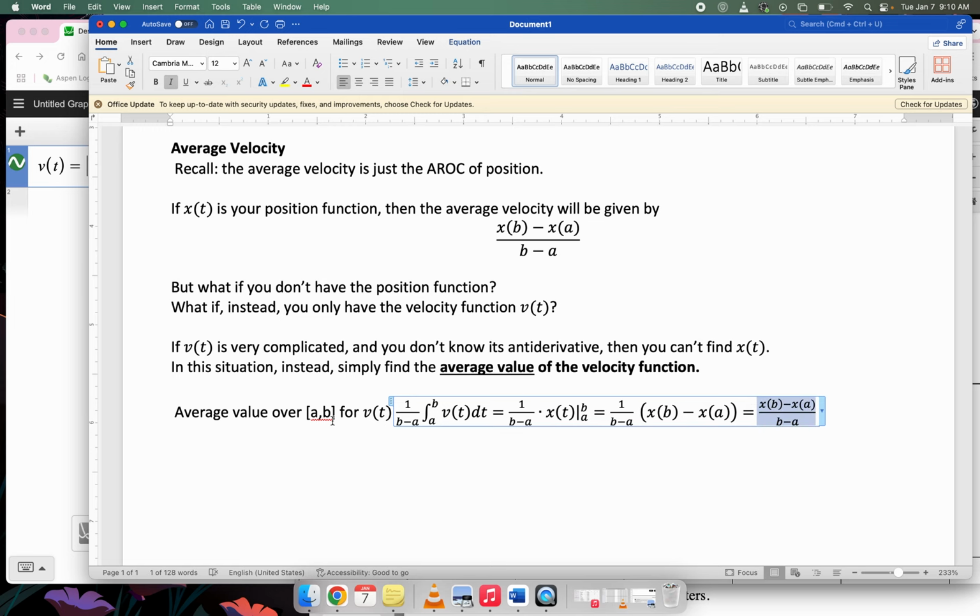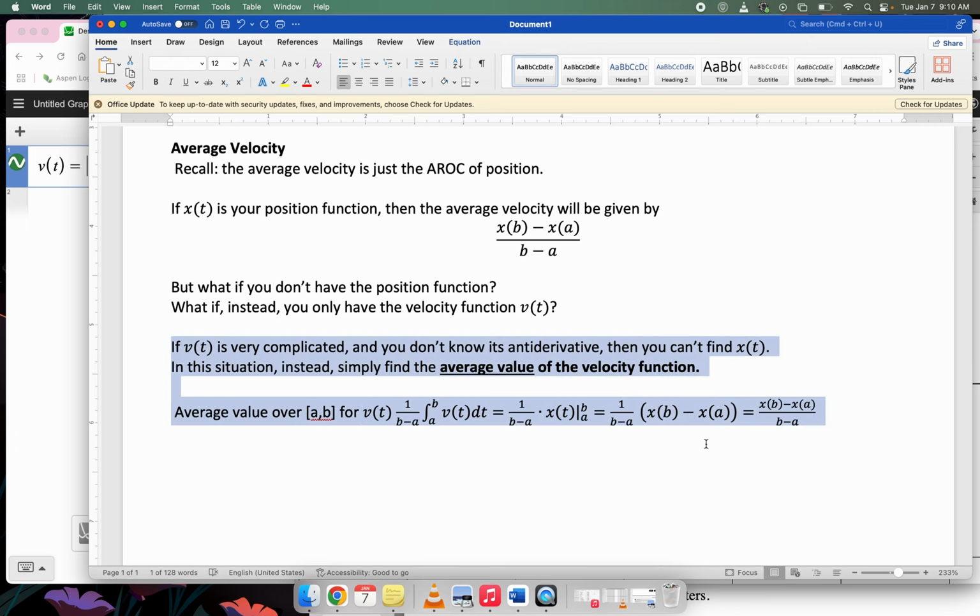So this is a proof, actually, that the average value of the velocity function is the same thing as the average velocity that you've known about since the beginning of the course. So anyway, how does this help you? Well, as I said, that's a proof that these two notions are the same.